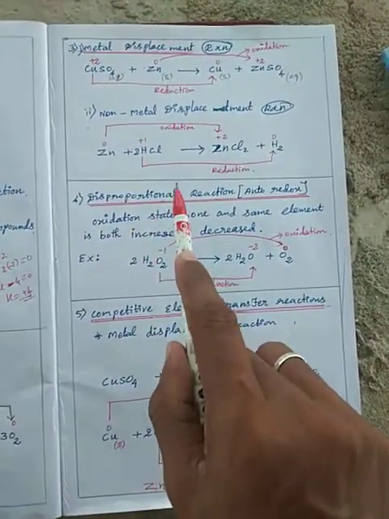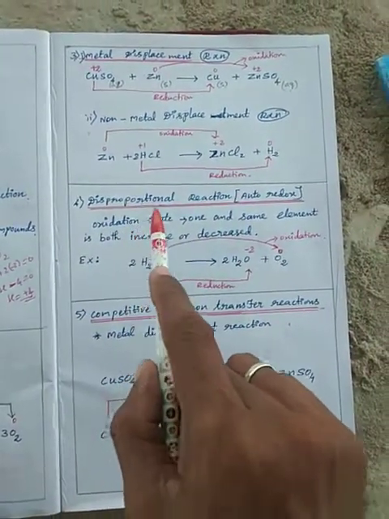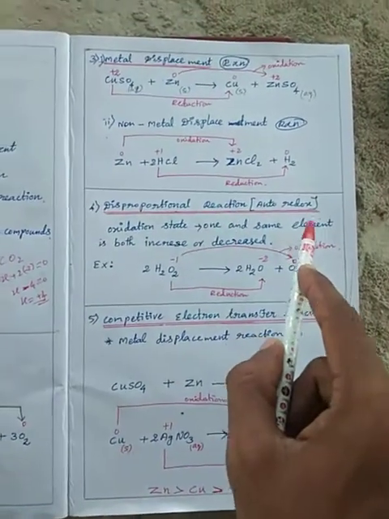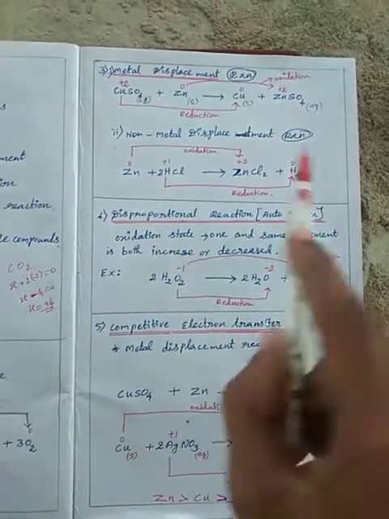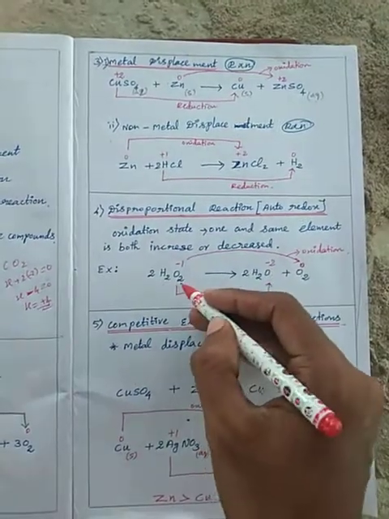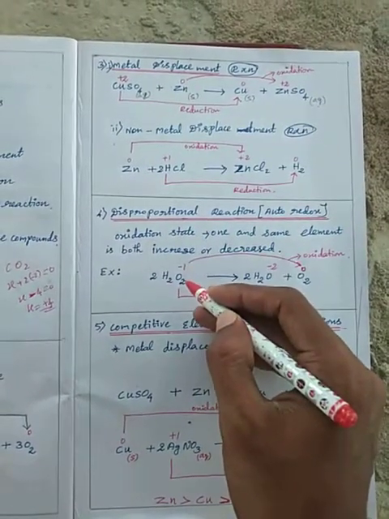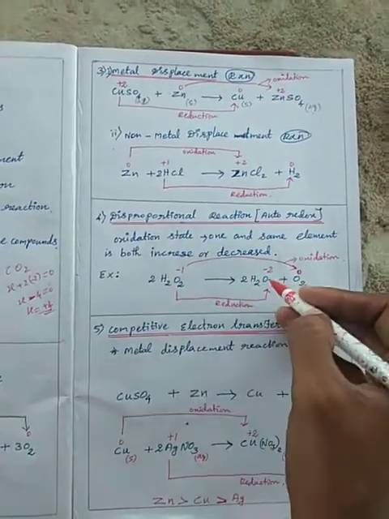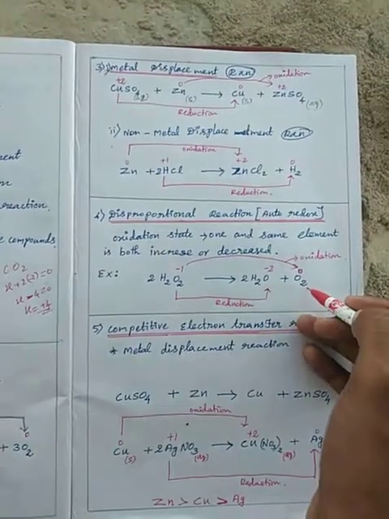Next, very important, the disproportionation reaction. The oxidation state of one and the same element both increases and decreases. Example, consider hydrogen peroxide. Here the oxygen atom is minus 1. It gives the products water molecule and oxygen.